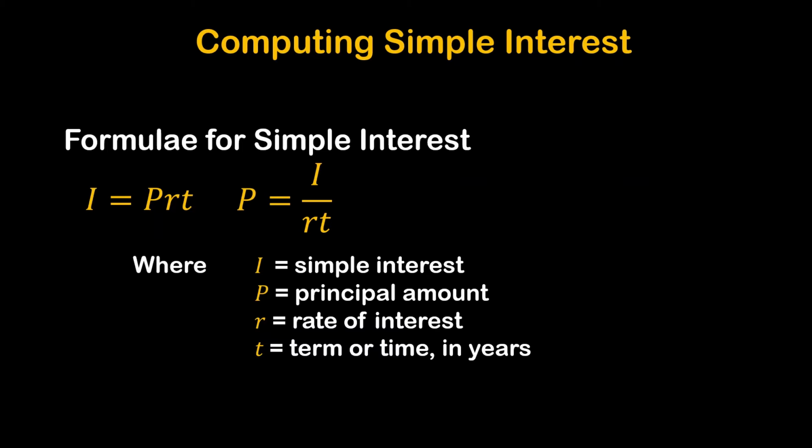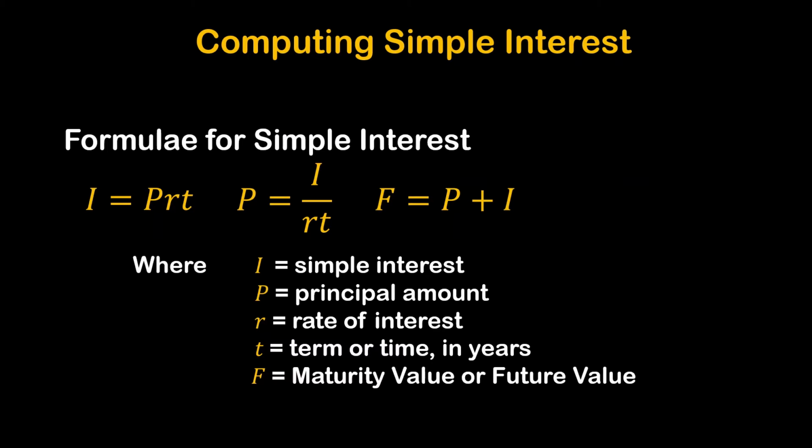There are also cases wherein kailangan nating hanapin yung future value. In that case, ang gagamitin natin na formula is F = P + I. Dito, ang F natin stands for the maturity value or the future value. You can also use this formula for the future value: F = P times the quantity 1 plus RT.